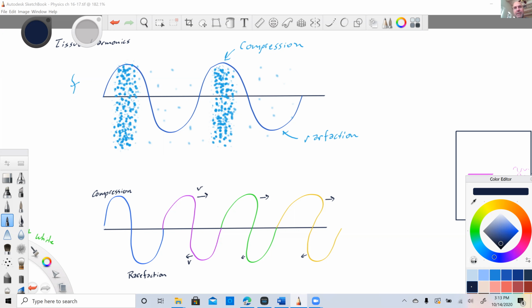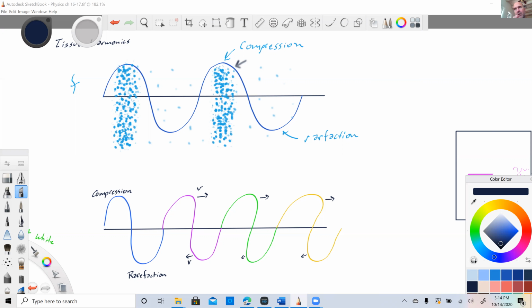Which part of this wave is stiffer? Compression. The compression, yes, it's more dense, which doesn't increase speed of sound, but when you squeeze something together, it actually does become stiffer.